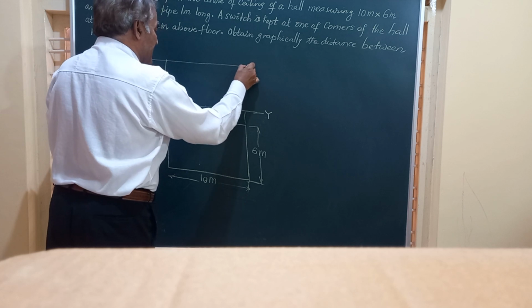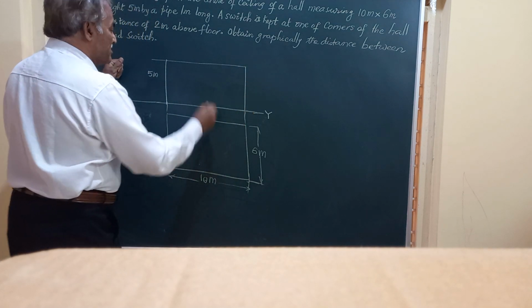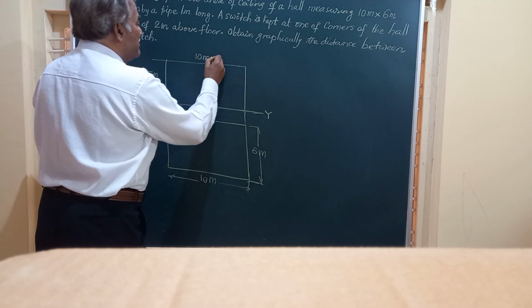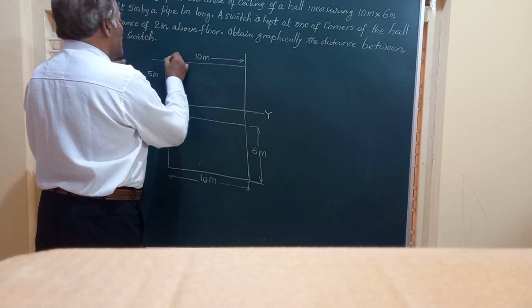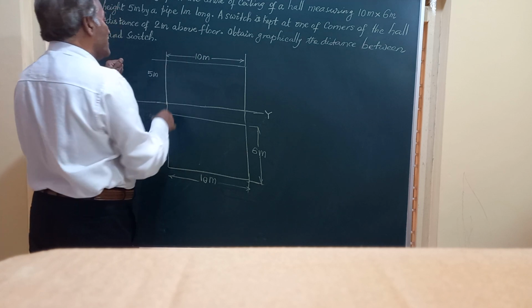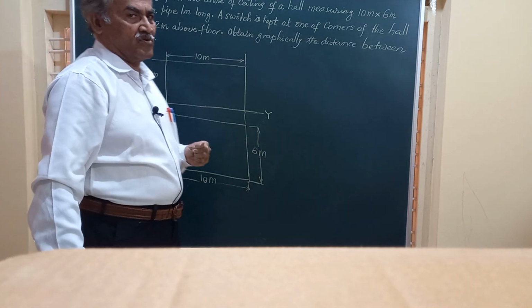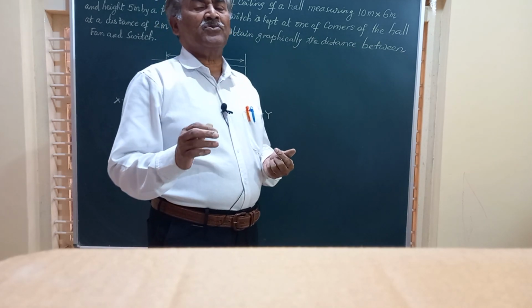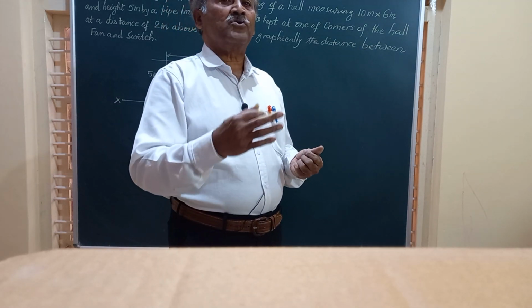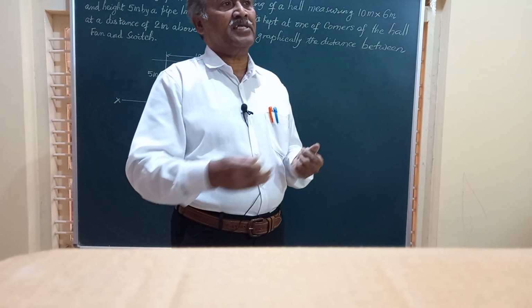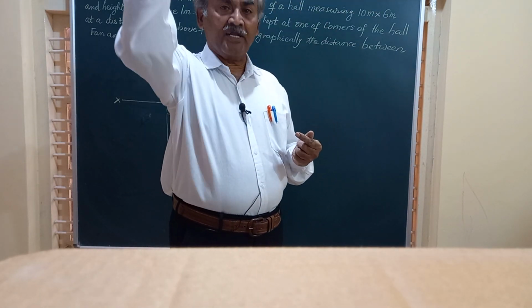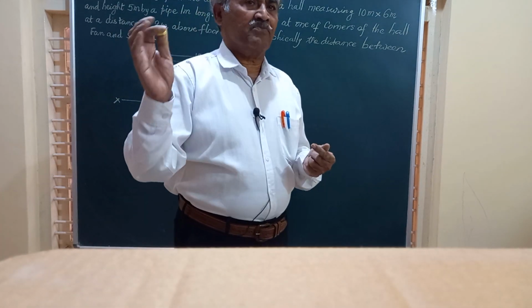Front view is another rectangle of 10 meter by 5 meter height. This is how the top view and front view of the hall look. So friends, I told you before, you have to assume the hall to be transparent, that is, the front wall, side walls and the roof are all transparent.